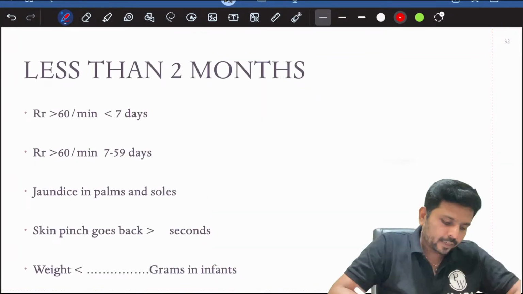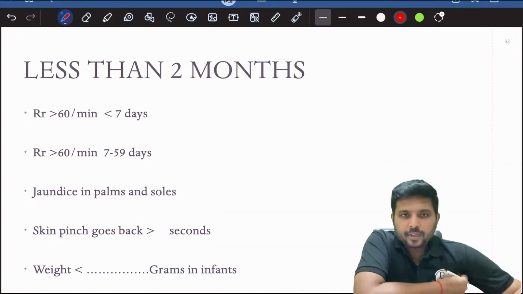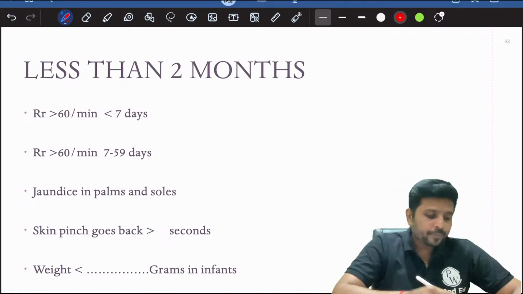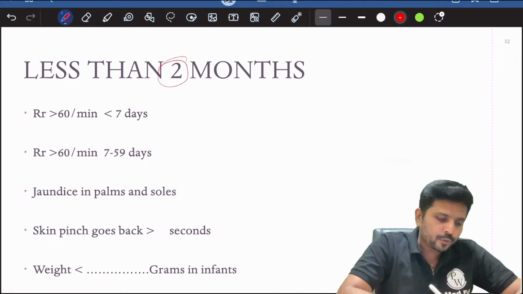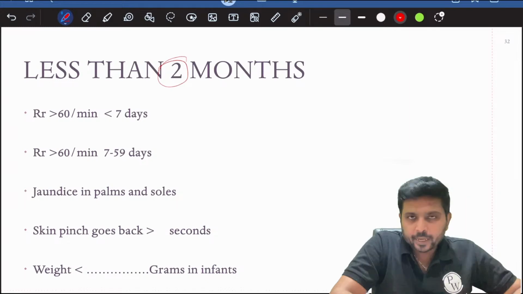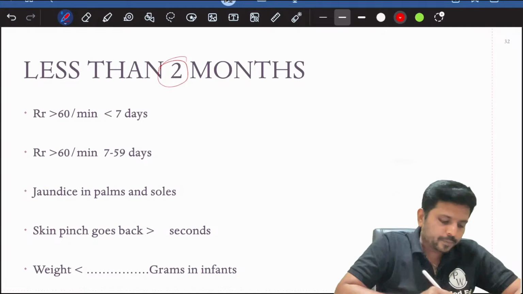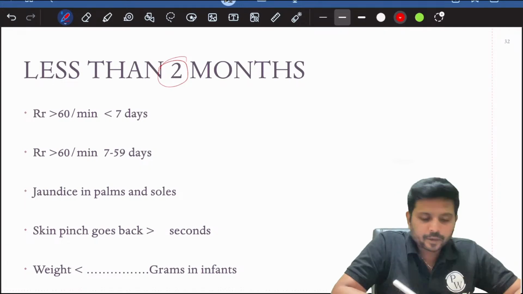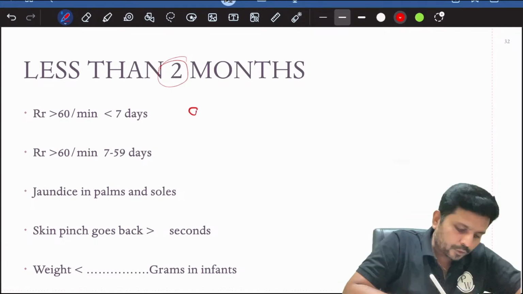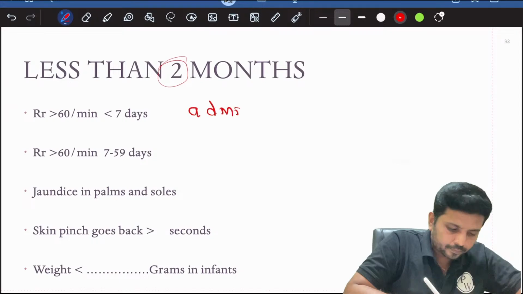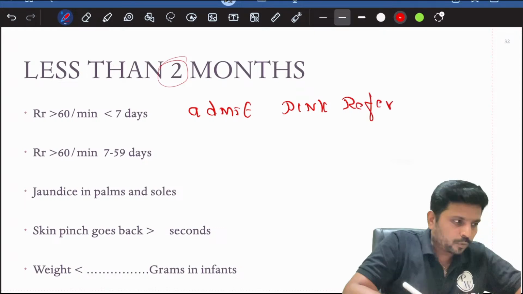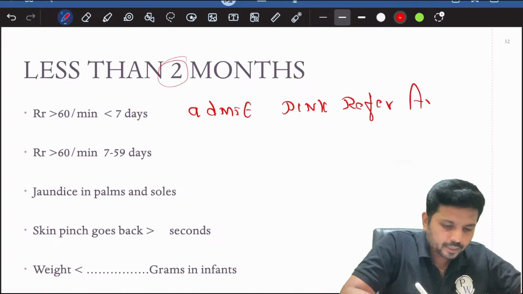A respiratory rate of more than 60 per minute, less than 7 days: people used to say less than 2 months means observe, but as per the new IMNCI adaptation 2022, you admit.